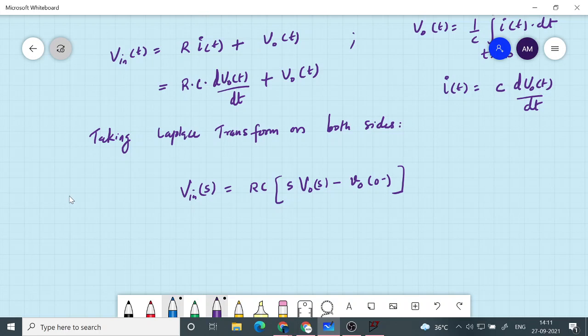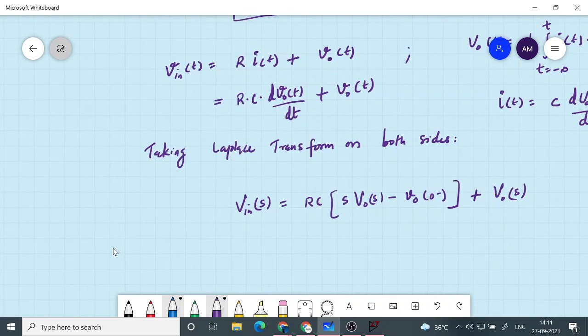Okay, I will use small letters for time domain and capital letters for frequency domain, and then plus V0 of S. So all that is remaining is this. So step 1 is basically writing this KVL. Then step 2 is basically taking the Laplace transform on both sides.